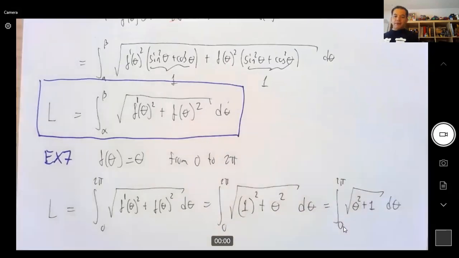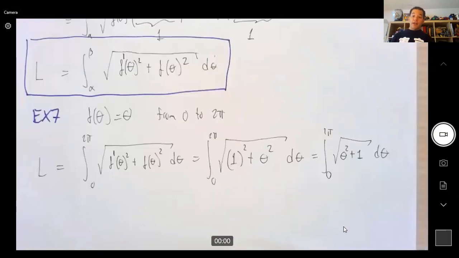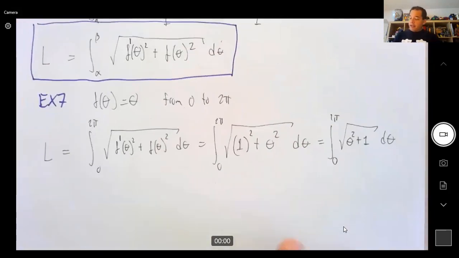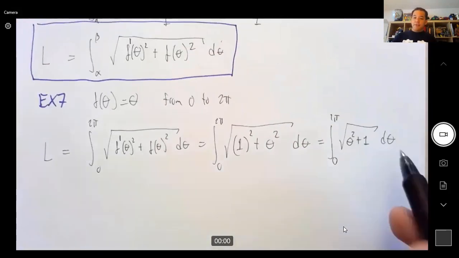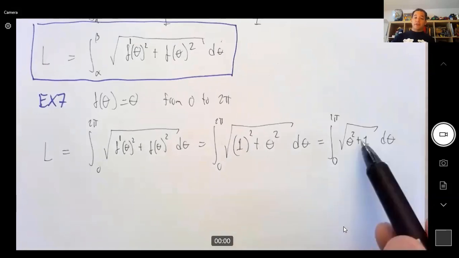Now the problem is we need to do that integral, and that can be complicated. In this case, it requires a trigonometric substitution.